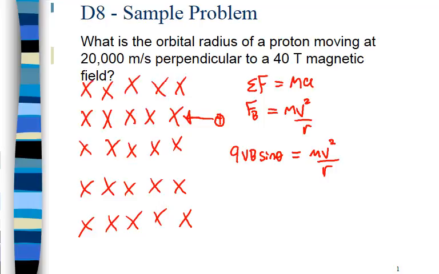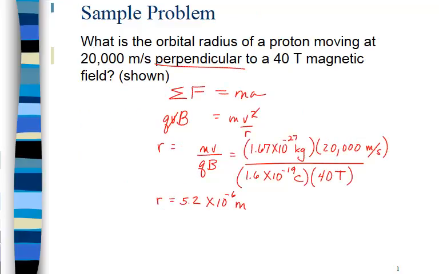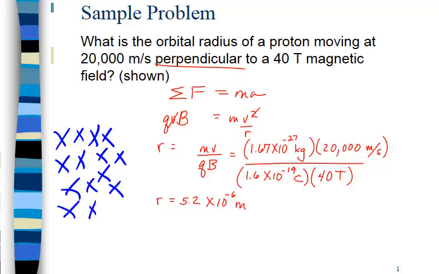All right, so let's see how you did. The centripetal force is caused by the magnetic field, QVB sine theta. And we should get 5.2 times 10 to the negative 6 meters. And if we look at the field going into the page, we have our proton.